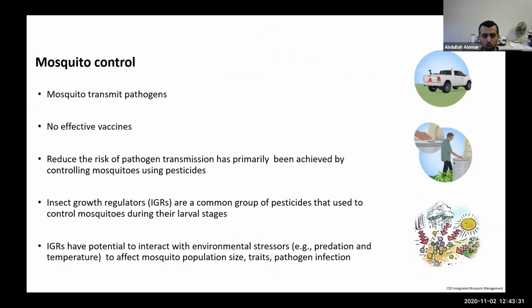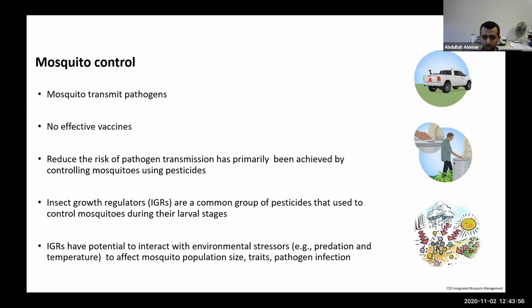As we all know, mosquitoes are one of the deadliest animals in the world because of their ability to spread pathogens to humans and animals. Since there is no effective vaccine, protecting humans from these pathogens has been primarily achieved by controlling mosquito populations using pesticides.